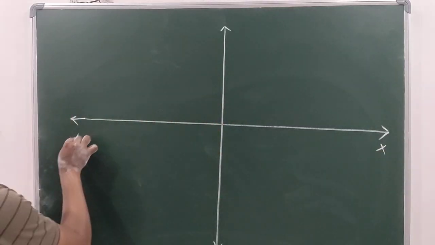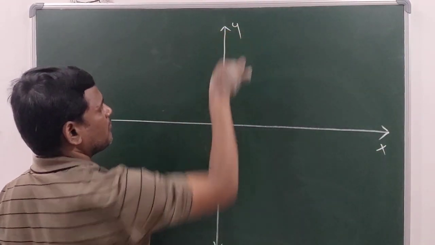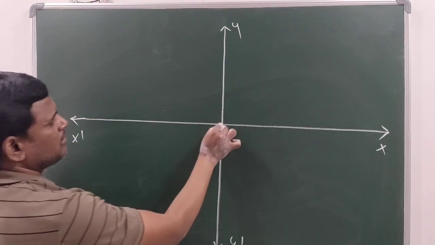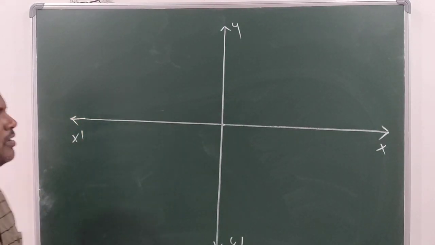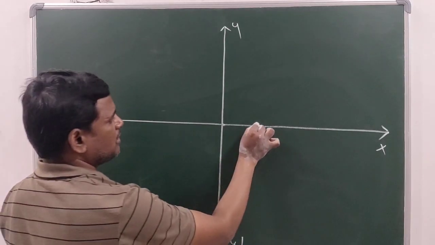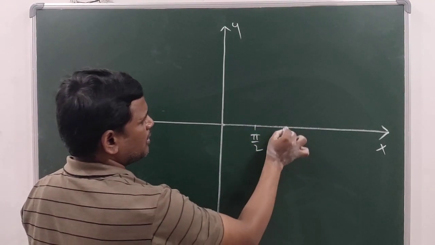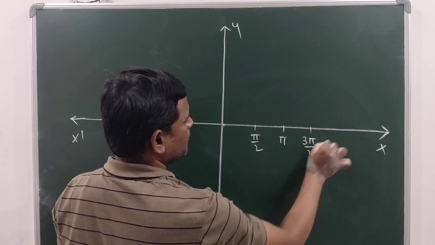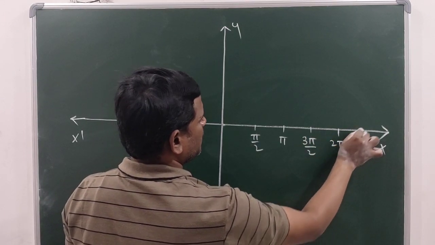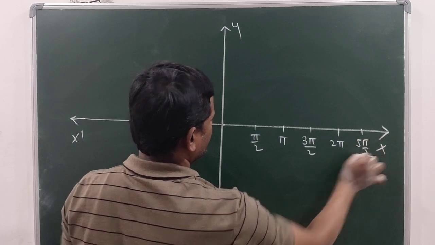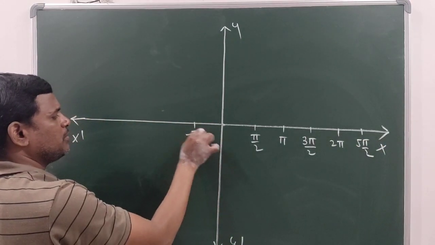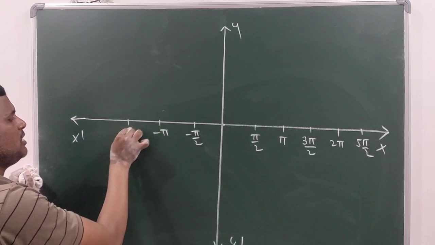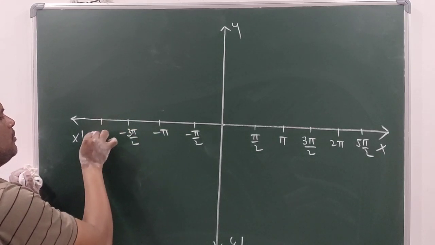X dash, y dash. Okay students, right. Now see here, it is 90, here it is pi, here it is 3 pi by 2, here it is 2 pi, here 5 pi by 2, here it is minus pi by 2, minus pi, minus 3 pi by 2, minus 2 pi.